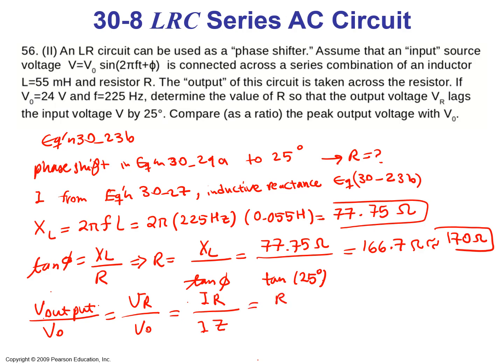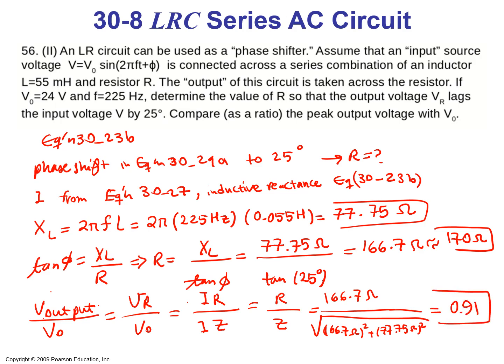The I cancels out and we have R divided by Z, 166.7 ohms divided by the square root of 166.7 ohms squared plus 77.75 ohms squared. And that gives us 0.91. So this means that V output max is equal to 91% of the input voltage.